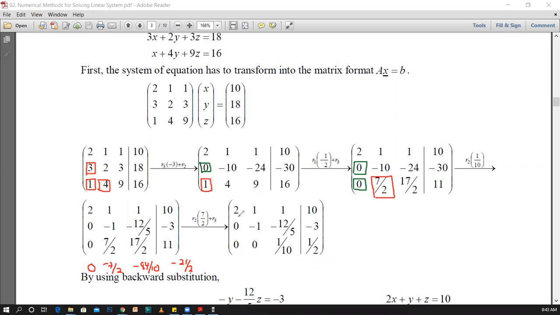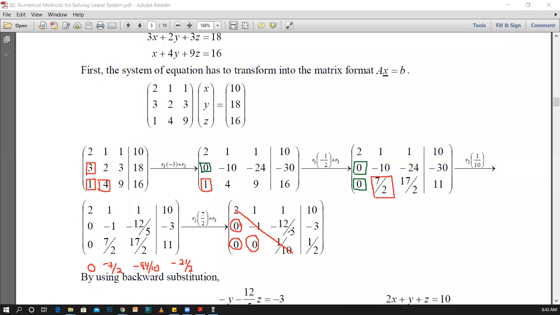Therefore, now you can see that if you consider this first part, the elements below the main diagonal you have converted into 0. This value is 0, here also 0, here also you have the value 0.